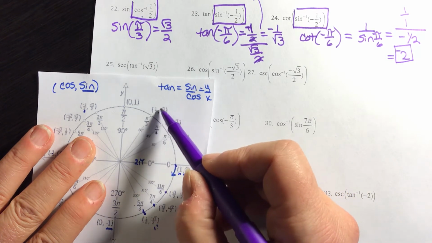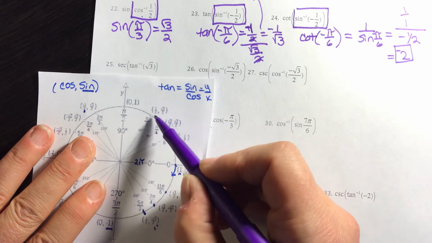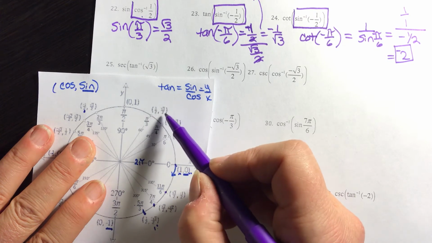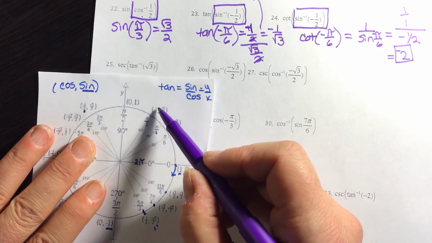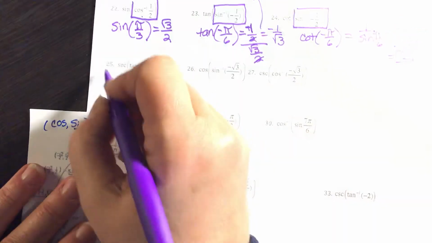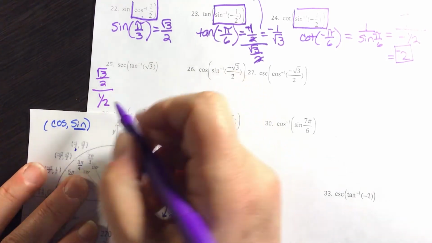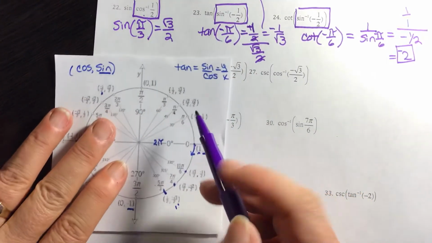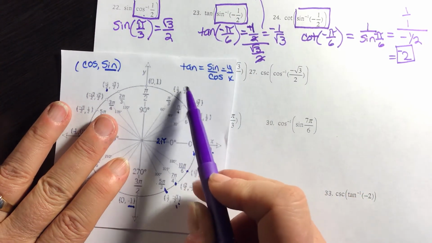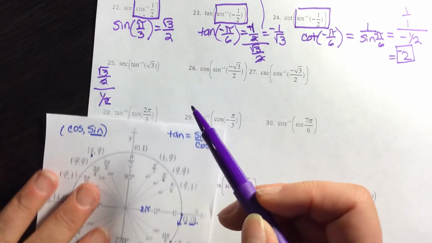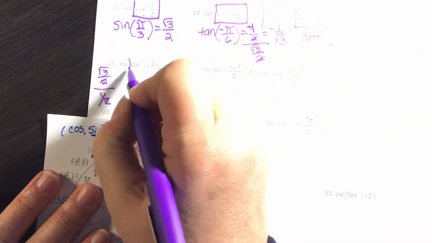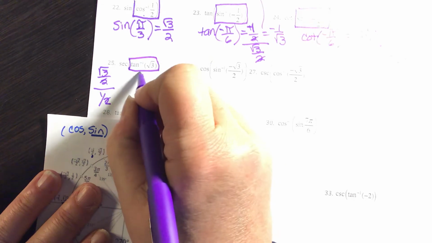So if I look at this angle right here, square root of 3 over 2 divided by 1/2 is the square root of 3. So this is the angle I'm working with, and that's pi over 3.